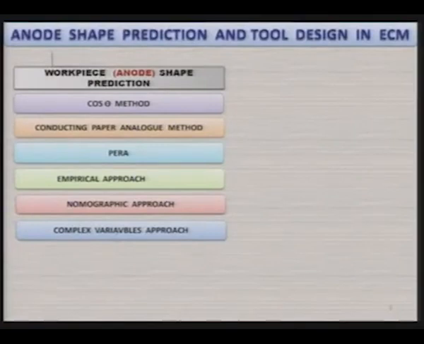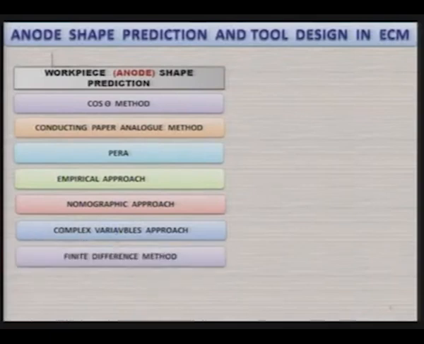Then after that we will discuss the nomographic approach for the prediction of the anode shape, and finally the complex variable approach that was proposed by Nielsen and Sui will be discussed.